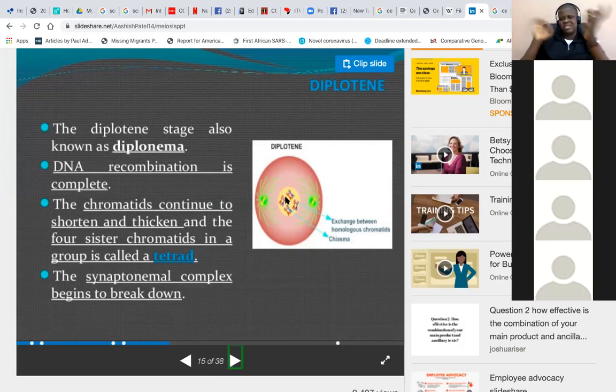There has been individual assortment and rearrangement of the genetic material. So they continue to shorten and thicken, and they are now in a group of tetrads. And if you remember, we said each of them would go into the eventual 4 daughter cells that will be produced. By this stage, they are made ready to go into that.